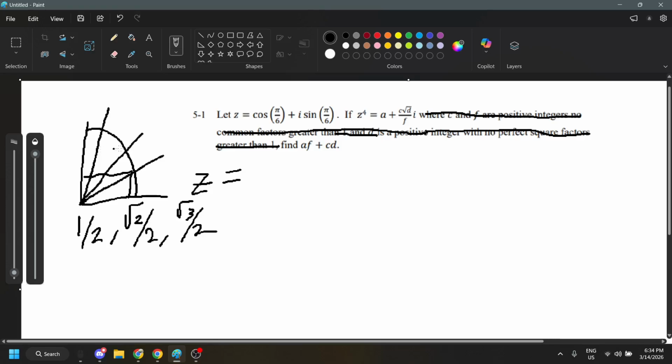This one here, they're the same, so they're both going to be root 2 over 2. This one, we could see x is larger, so x is going to be root 3 over 2, and y is smaller, so y is going to be 1/2. And here, x is smaller, so x is going to be 1/2, and y is larger, so y is going to be root 3 over 2.